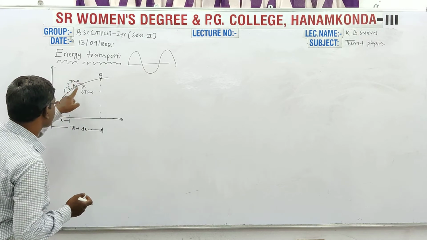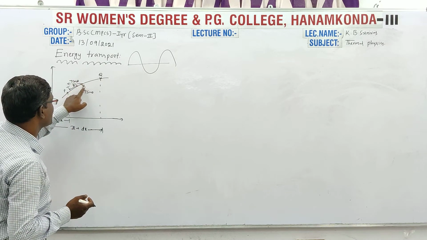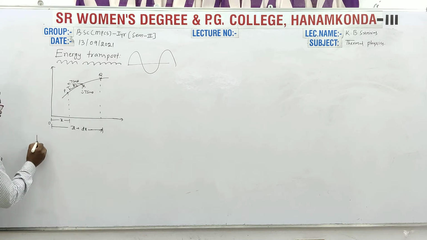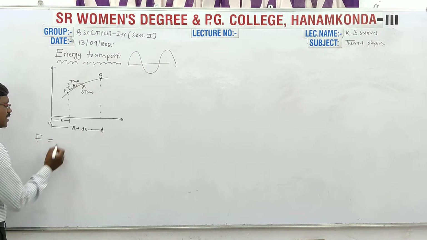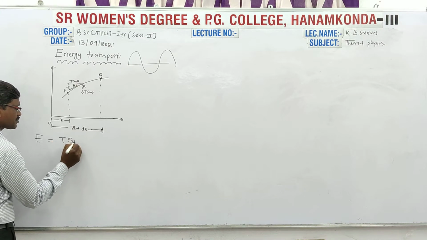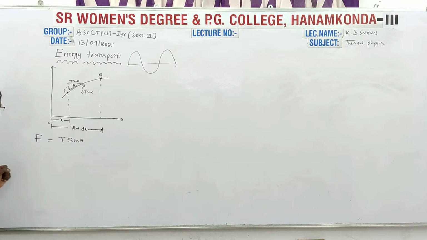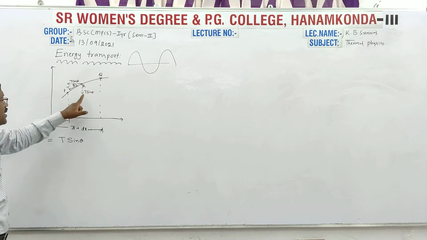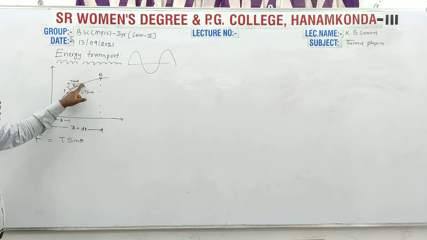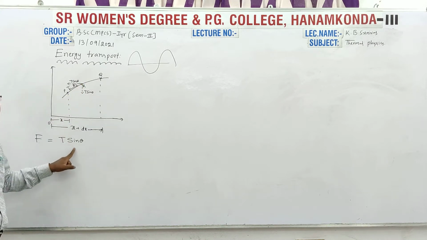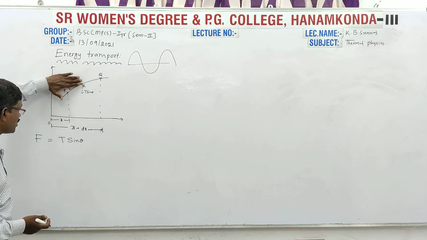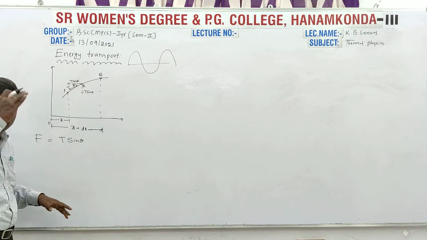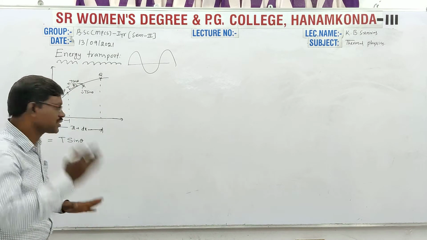So the net force acting on the string at point R, along the y direction, is equal to how much? T sin theta. The only force acting on the string at point R is T sin theta, not T cos theta, because the string is vibrating along the y direction.